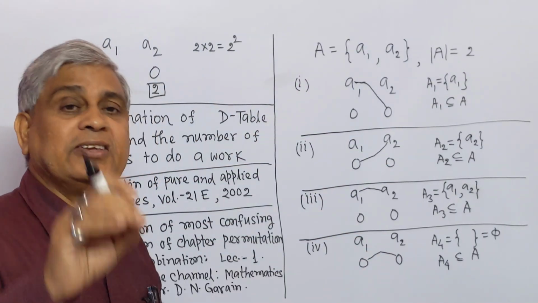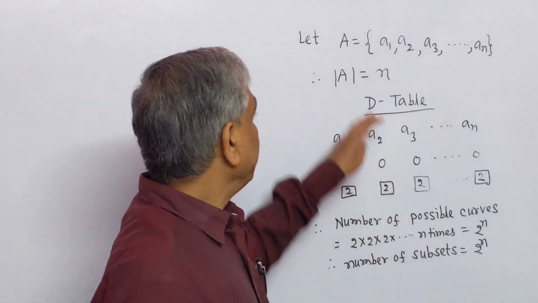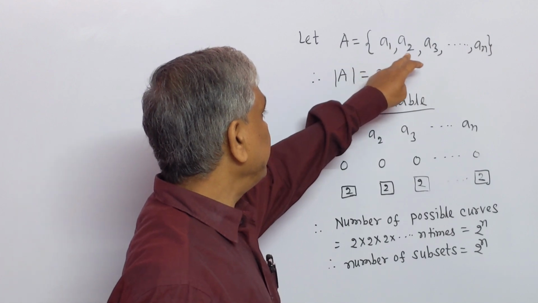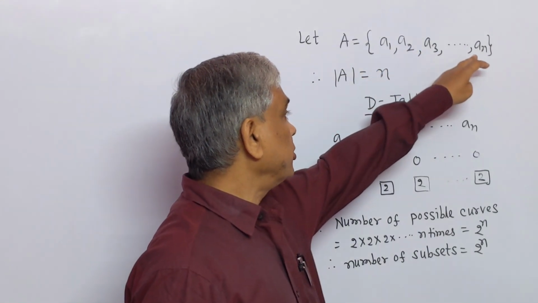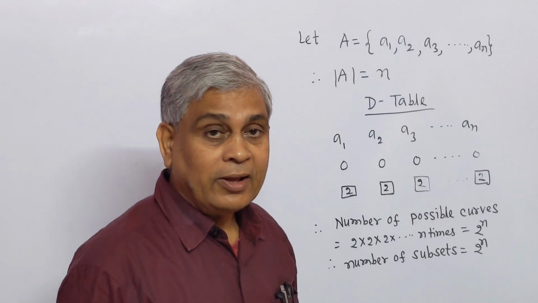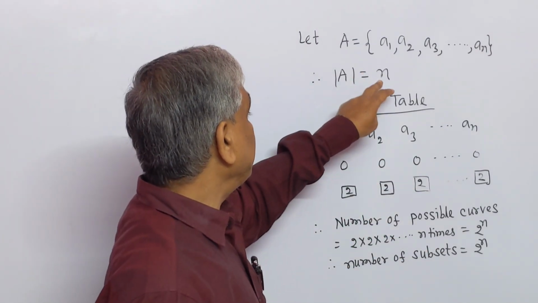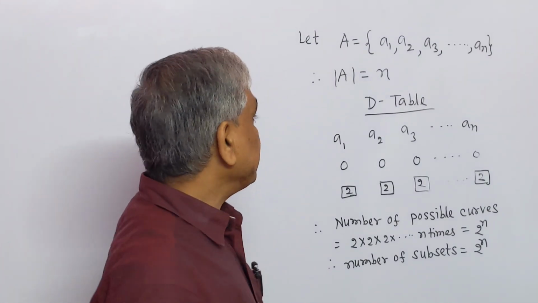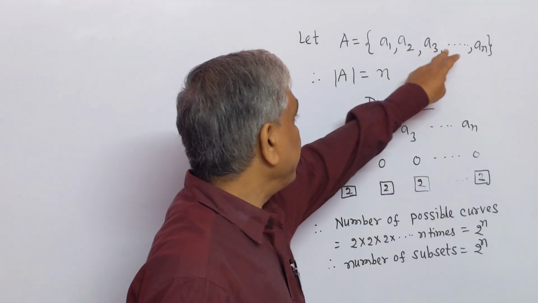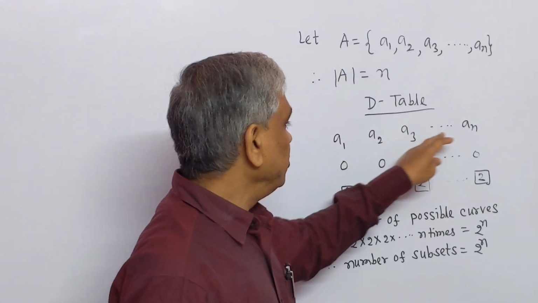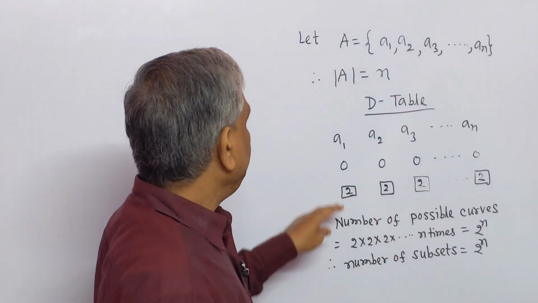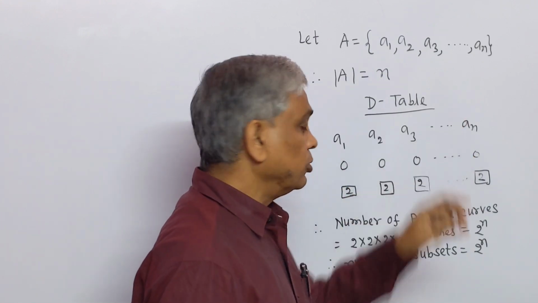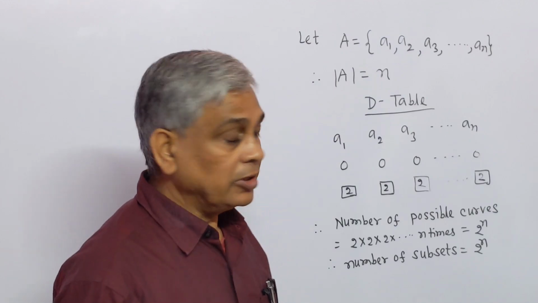Now I generalize this. Let A be a set containing elements a1, a2, a3, dot dot dot, an. Number of elements in A equals n. Now we frame the D table. We first write the elements of A in the first row, and in the second row we write 0 0 0 0 0, meaning no element.